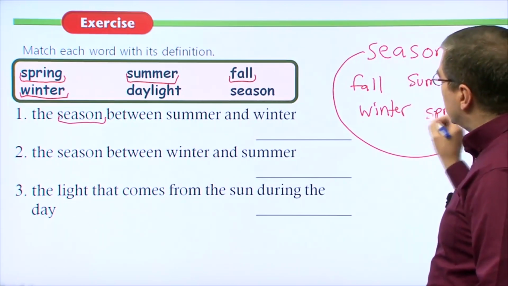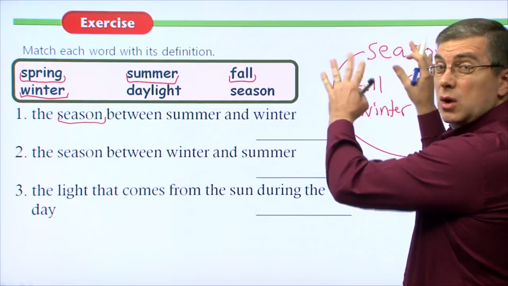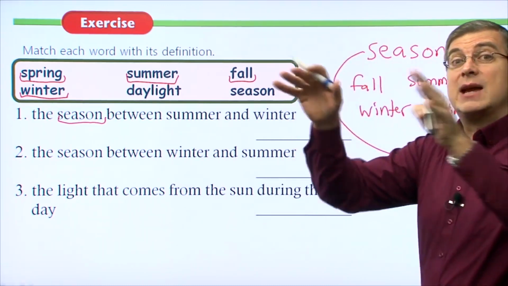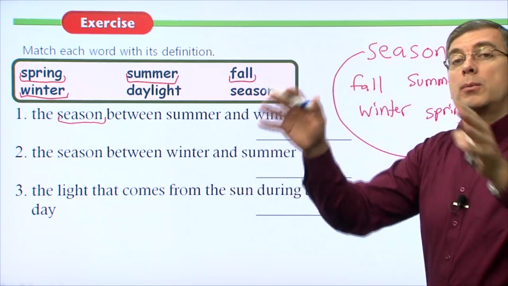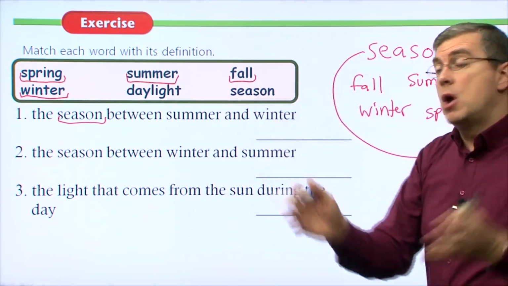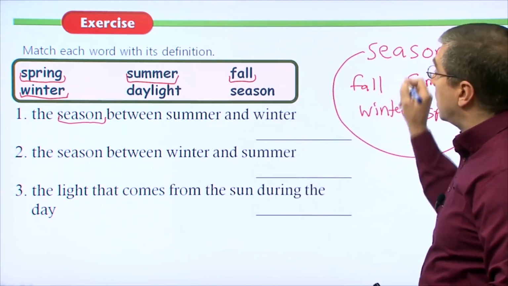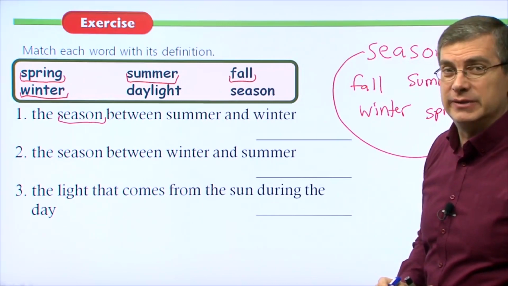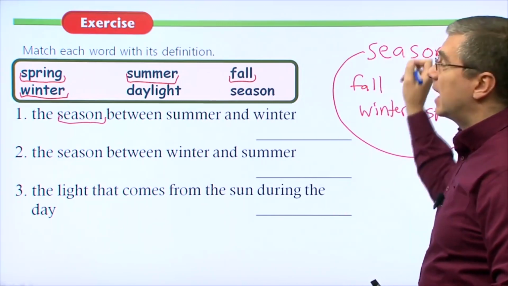Okay? So these words fall under the big word of season, right? Season is like the umbrella word. It incorporates, or it includes in the group all these smaller words that talk about a type of season. These words are a type of season.